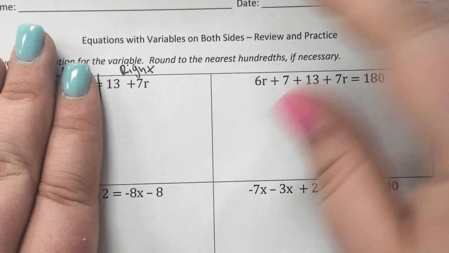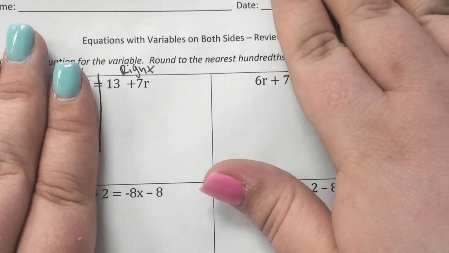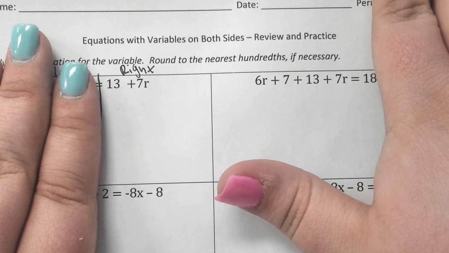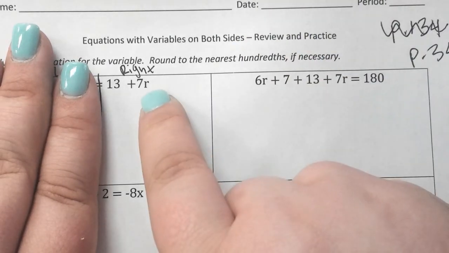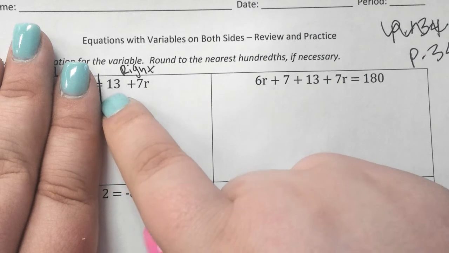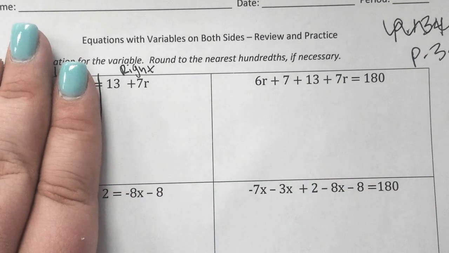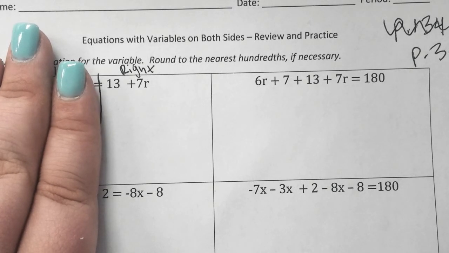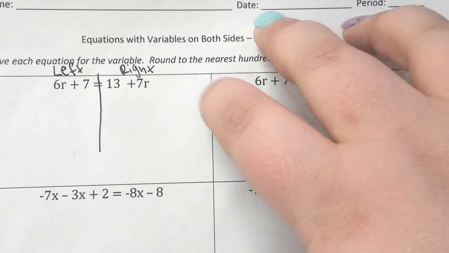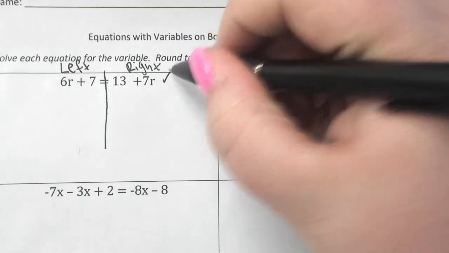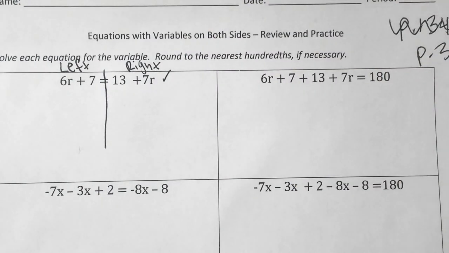Wouldn't it just be 13 plus 7 and then add an r? 7r is a variable term, 13 is not. Since one of them is a variable term and one of them is not, they're not like terms, which means I cannot combine them. So that first step, combining like terms, is already done in that first problem.